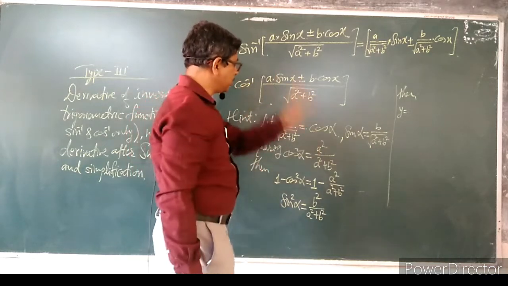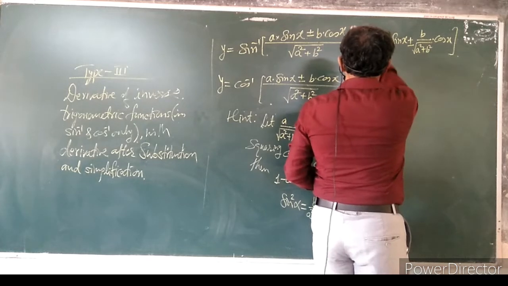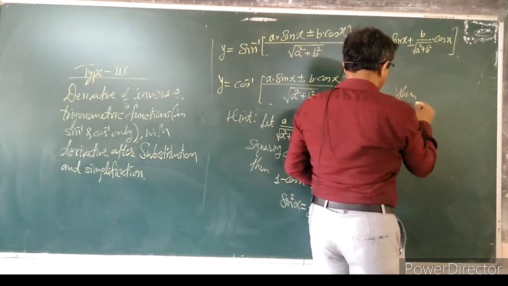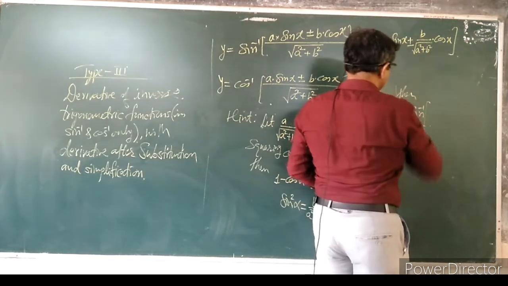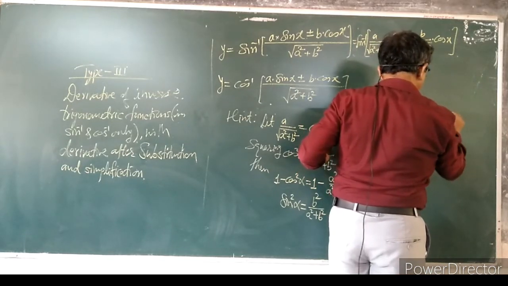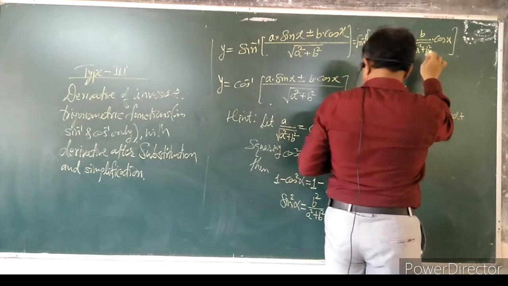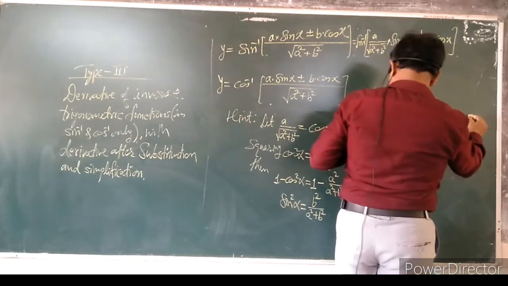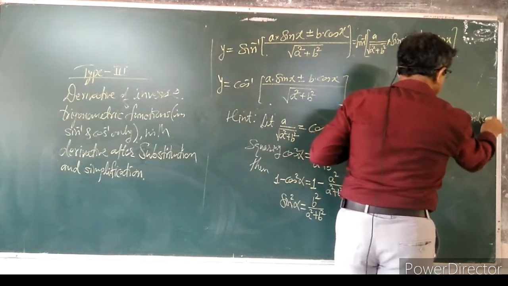Now we'll go for the substitution here. Y is equal to, we have missed sine inverse here, y is equal to sine inverse of this, a upon root of a square plus b square, this is cos alpha into sine x, plus b upon root of a square plus b square, plus or minus here again, this is sine alpha into cos x.